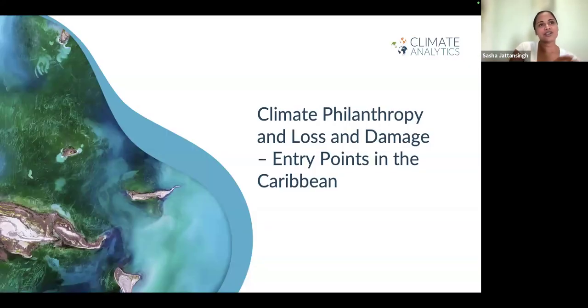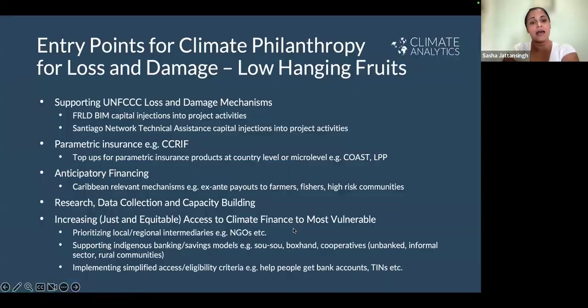And just looking at that overview of loss and damage, of climate justice, and looking at loss and damage finance and debt sustainability, I think it's quite useful to look now at what the entry points are for climate philanthropy in loss and damage finance.